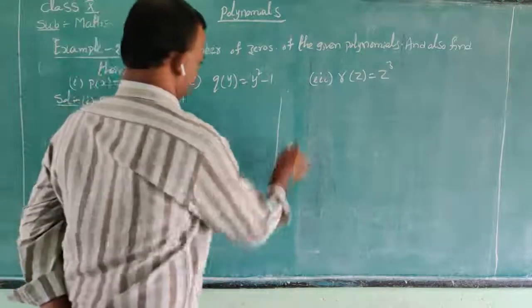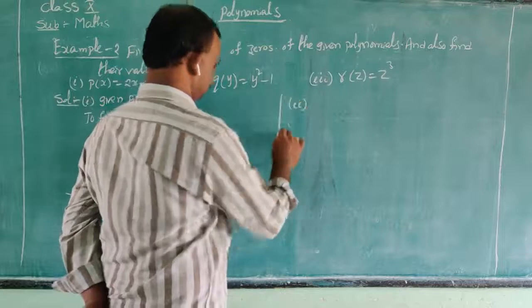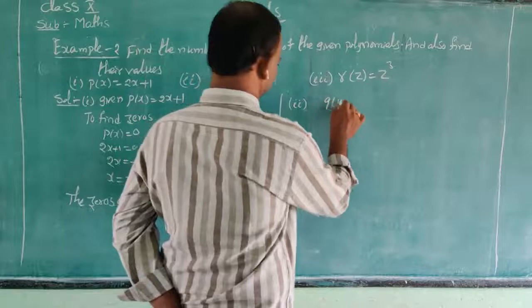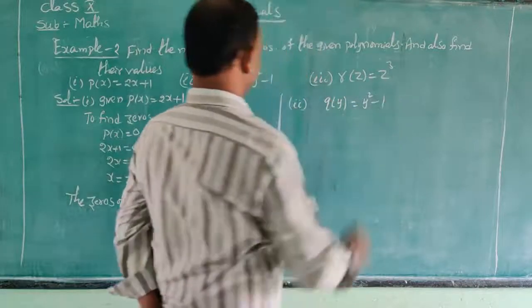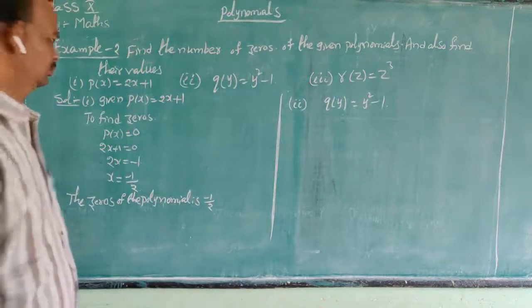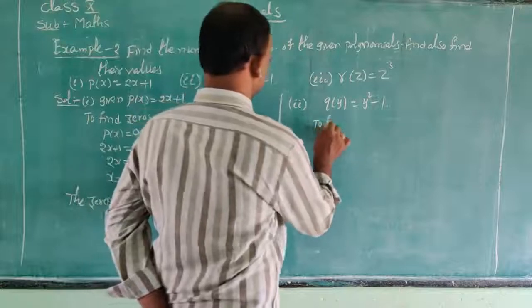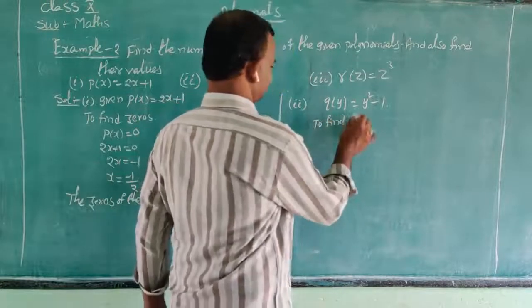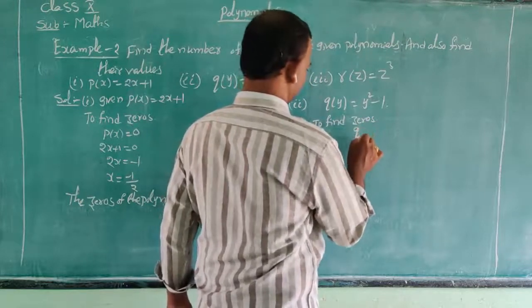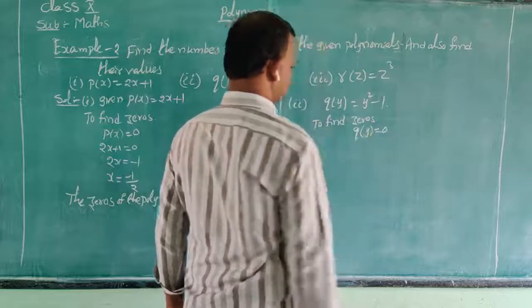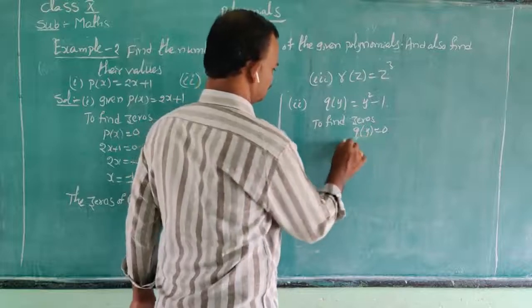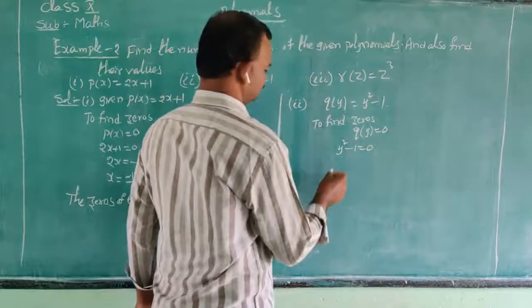And next, the second one, q of y is equal to y square minus 1. To find the zero, q of y is equal to 0.